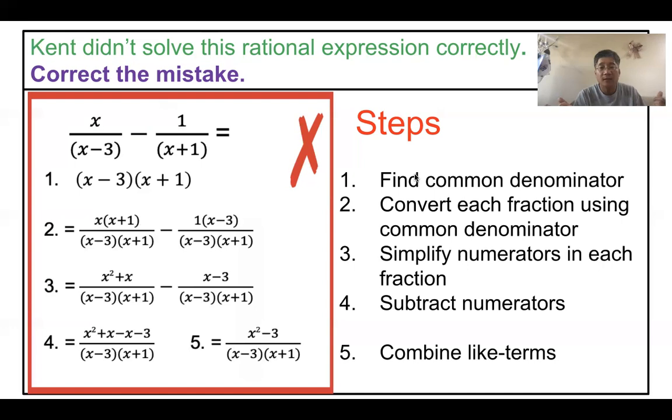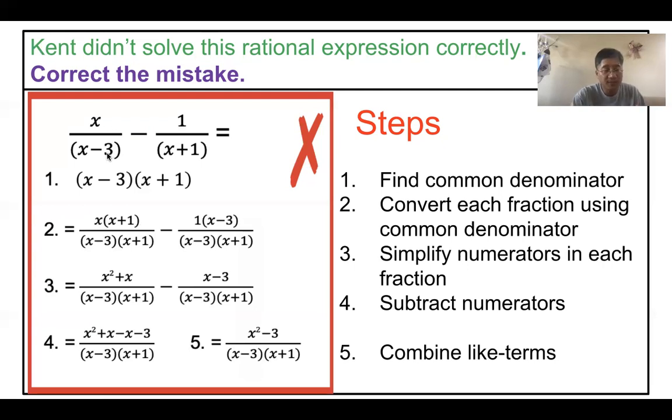And then add or subtract the numerators. How do you find it? If the denominators are completely different, you just multiply them. If they are quadratics, then you should factor and then put together only the different factors. That will be the common denominator.